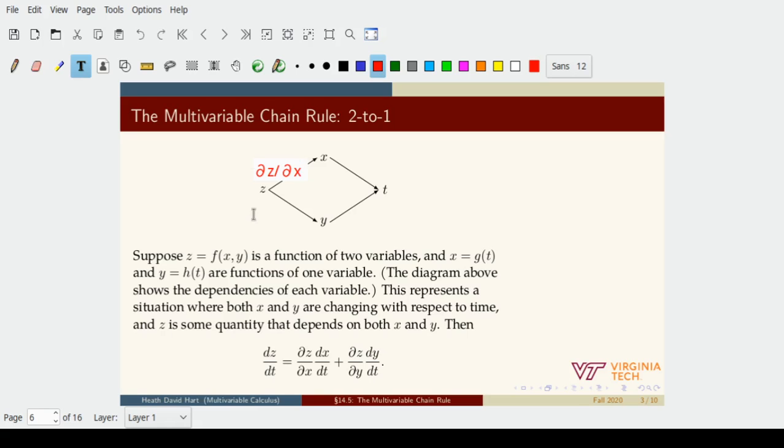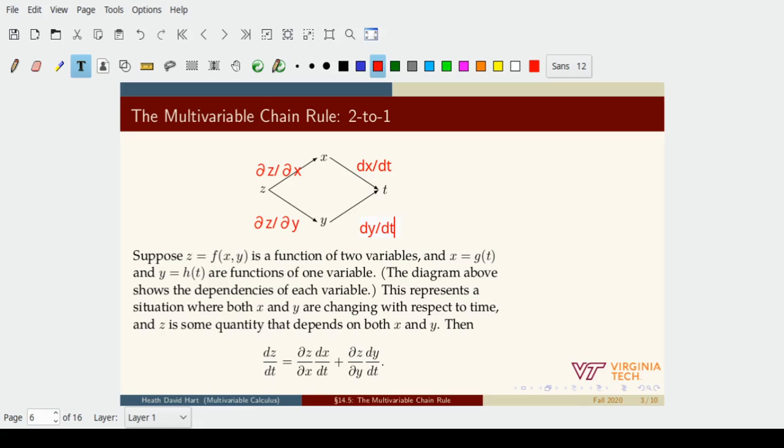And then along this arrow down here, we're going to calculate the derivative with respect to y. Then along this arrow up here, we're going to calculate the derivative of x with respect to t. And down here, we're going to calculate the derivative of y with respect to t.